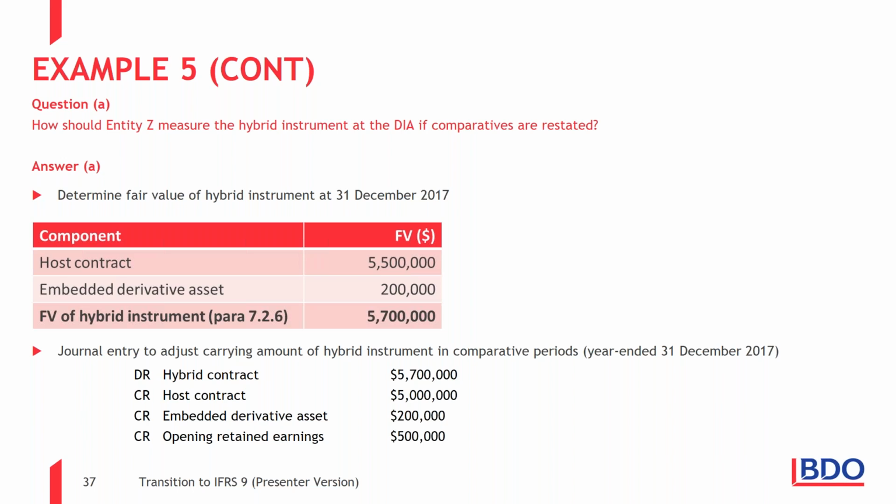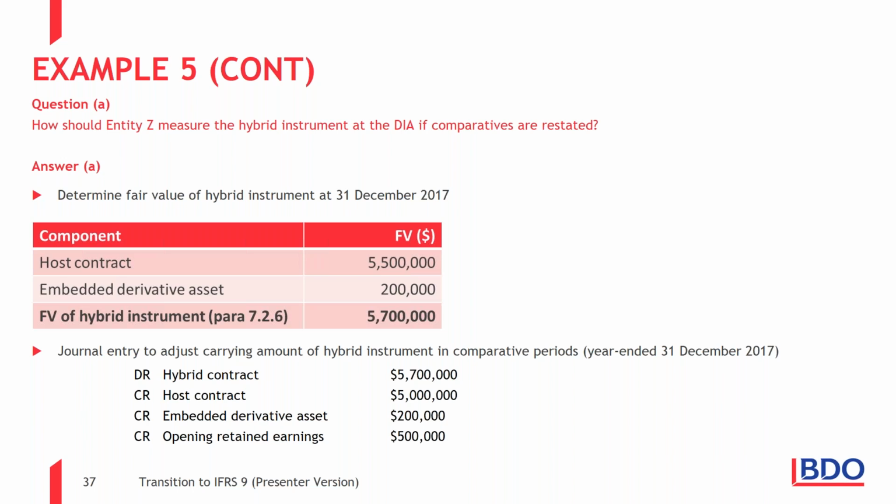So our journal would be debit the hybrid contract, the 5.7, we will credit the host contract the carrying amount of 5 million. We'll credit the embedded derivative the 200,000, and you can see, because in the past your host contract was at carrying amount that's not fair value, there's an adjustment and there's an increase to opening retained earnings of 500,000.